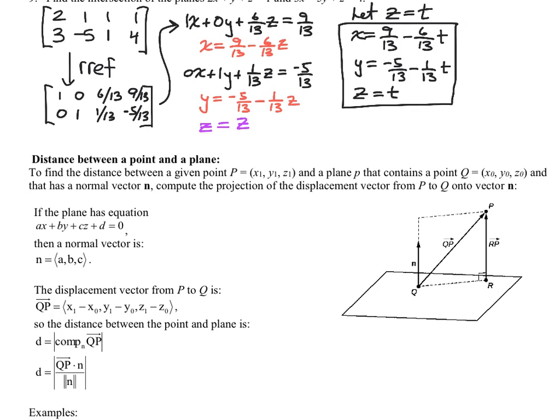So the distance between a point and a plane that contains another point is going to be defined by this relationship. The dot product of QP, which is just a vector between the point on the plane and the point in space, and the normal vector, divided by the magnitude of the normal vector.